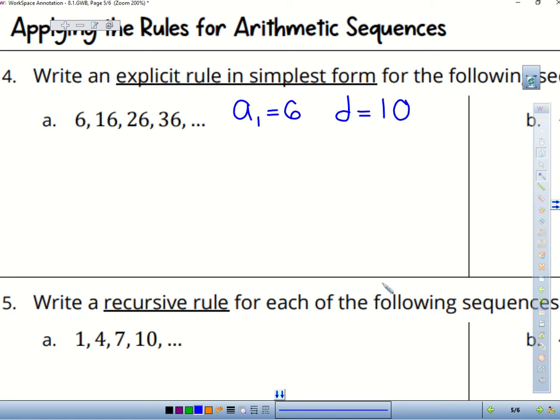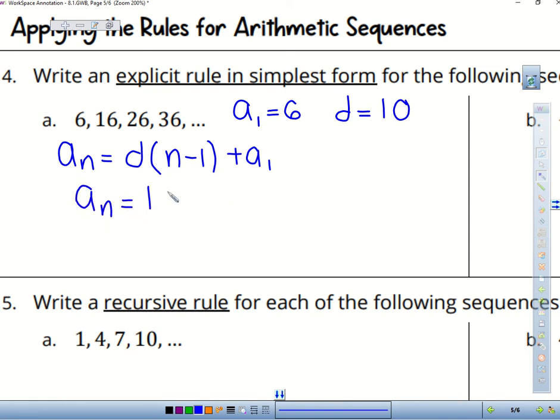So everybody see where those 2 things came from. So the formula is a sub n is equal to d times n minus 1 plus a sub 1. N is like your variable. N is like your x. Okay? So a sub n is equal to 10 times n minus 1 plus 6.